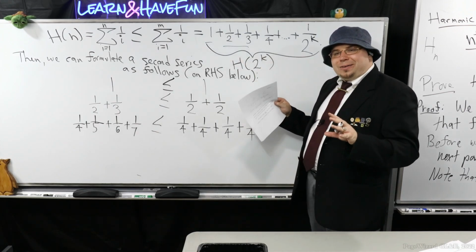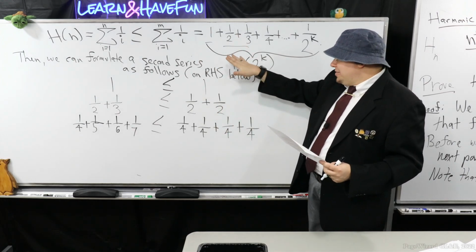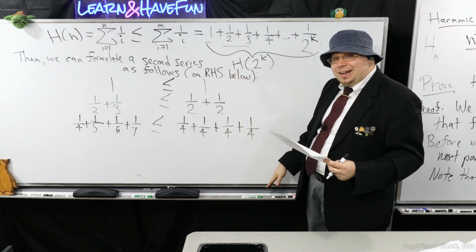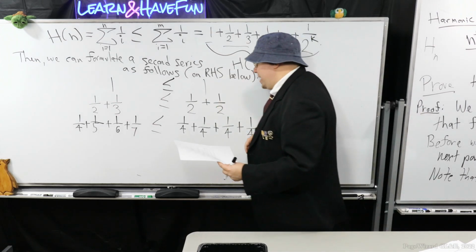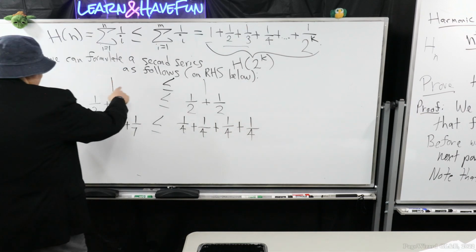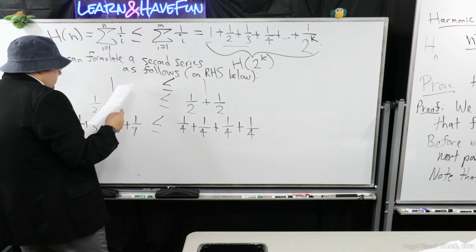So what I'm doing is bucketing everything on the left-hand side, and I'm going to have this new series on the right-hand side, which is going to end up being at least as big as whatever's on the left-hand side. That's because each one of these is less than or equal to whatever's on the right-hand side, by the same reasoning we've used before.